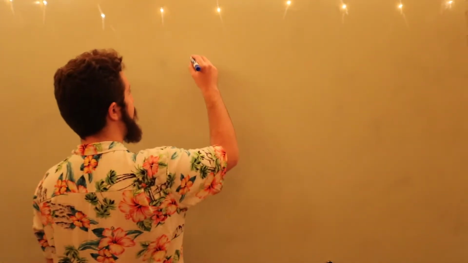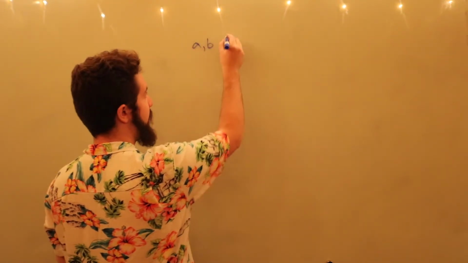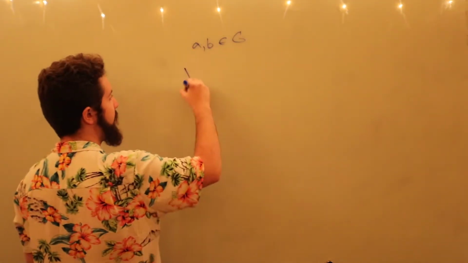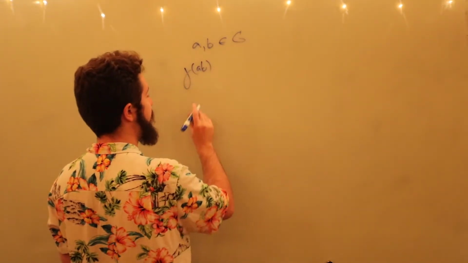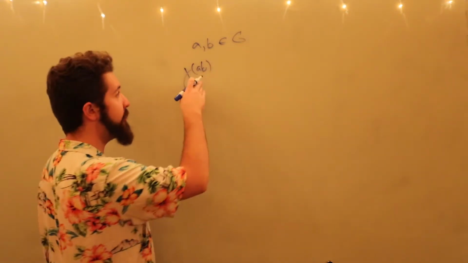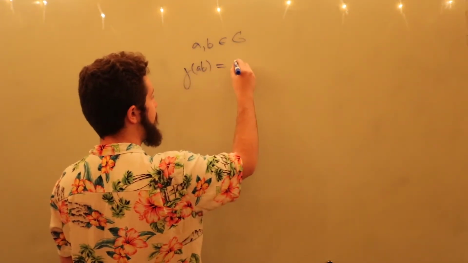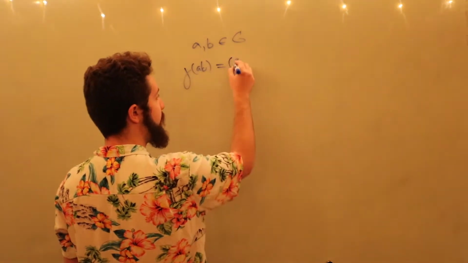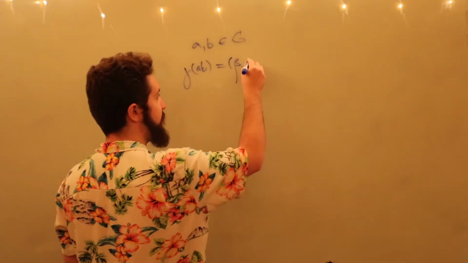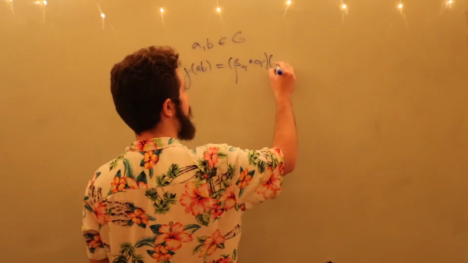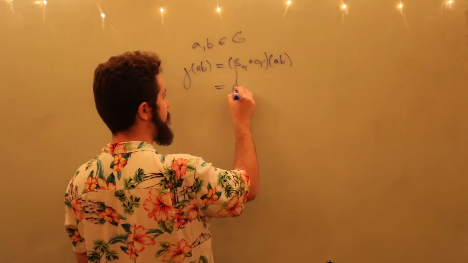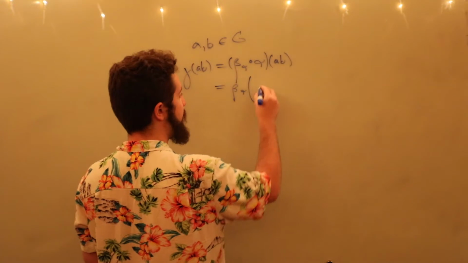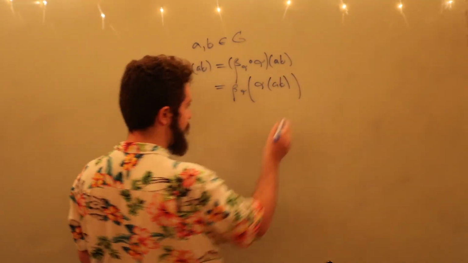Now we need to show that gamma is operation preserving. Well, suppose we have two elements, A and B, in the group G. Then gamma of the product A times B is going to be equal to, by definition, the composed map beta restricted to the image of alpha composed with alpha of AB, and by the rules of functions, this is equal to beta alpha of alpha of AB.